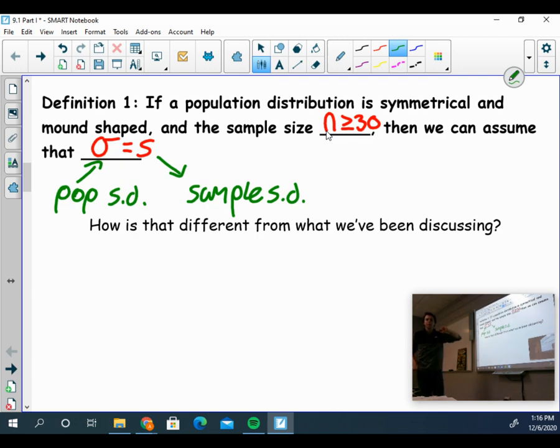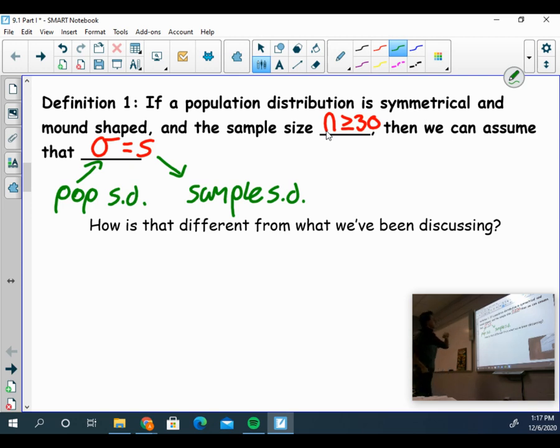That will equal my population standard deviation given the specifications described in the definition, versus taking the standard deviation of 100 sample means, which is the population standard deviation divided by the square root of the sample size. I don't want you confused about why there's no division by the square root of n here.